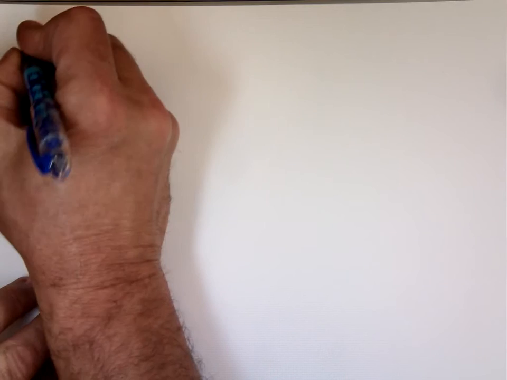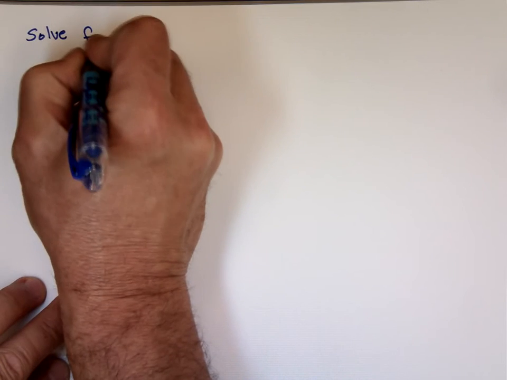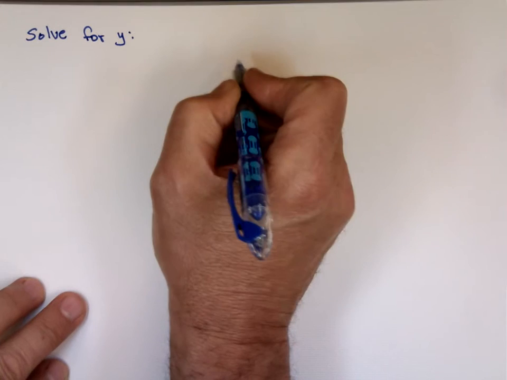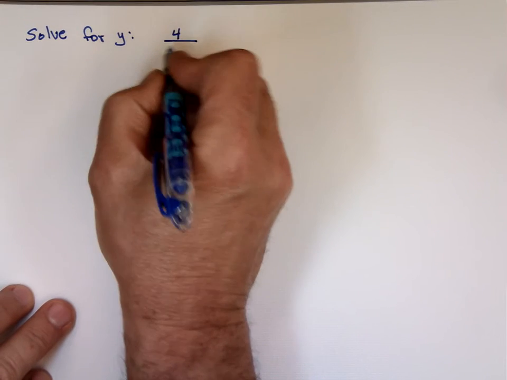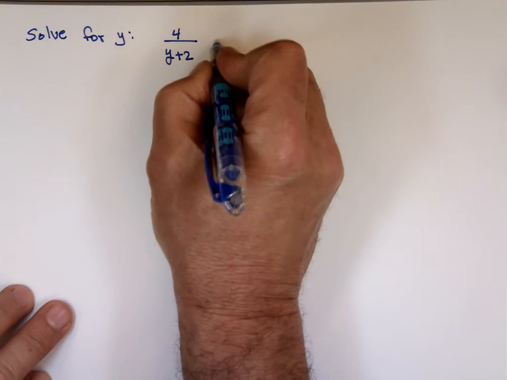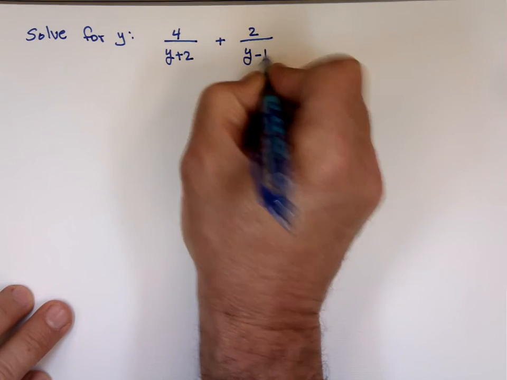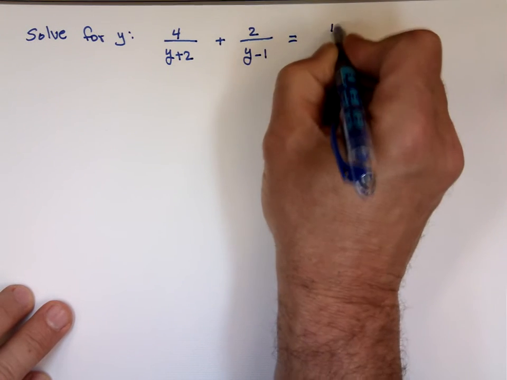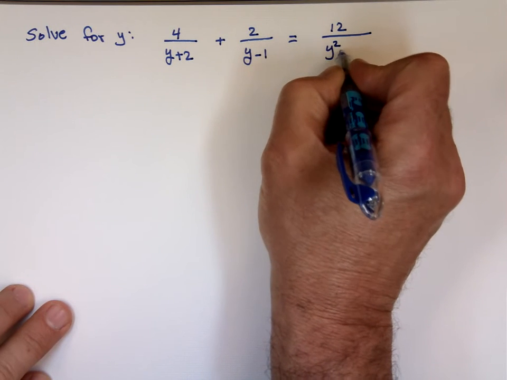Let's try another one. Solve for y. 4 over y plus 2 plus 2 over y minus 1 equals 12 over y squared plus y minus 2.